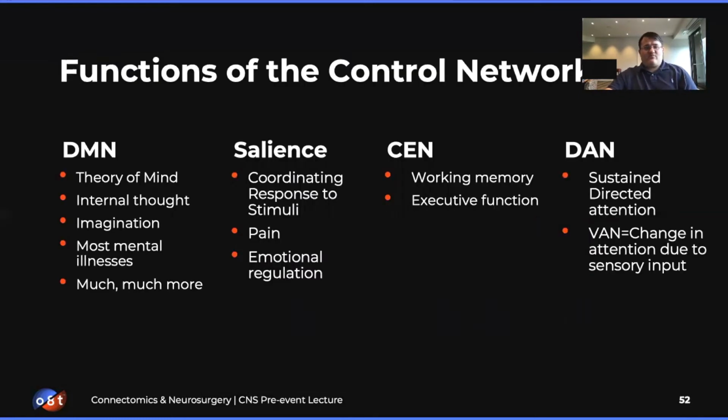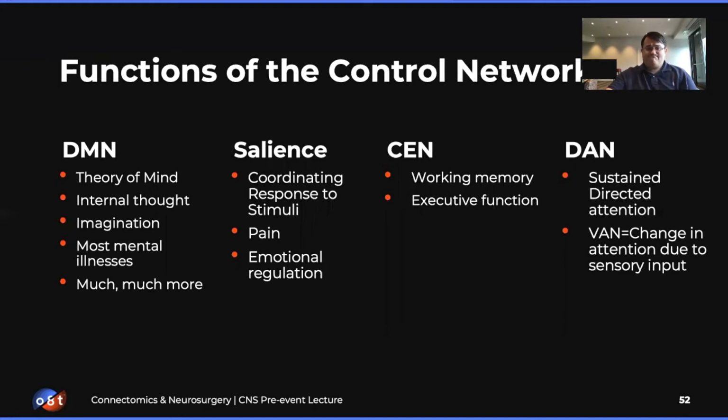Now, again, I've talked on this briefly, but it's important to note that a lot of cognitive functions can be strongly linked to some of these networks. So the DMN is really a critical part of the brain, and abnormalities in the DMN are linked to most mental illnesses in various forms. The salience network is part of coordinating responses to stimuli, emotional regulation, and pain.